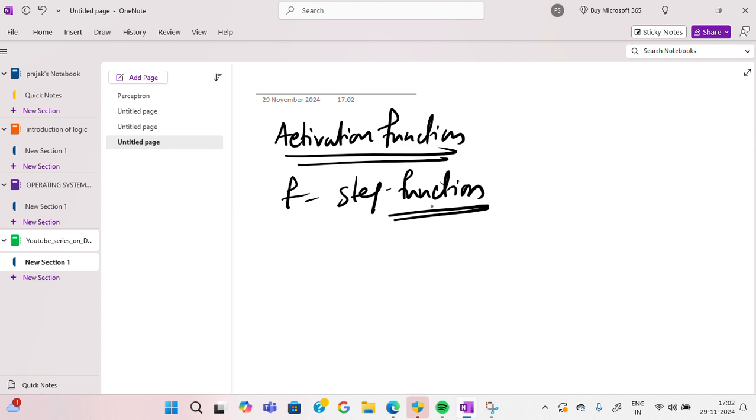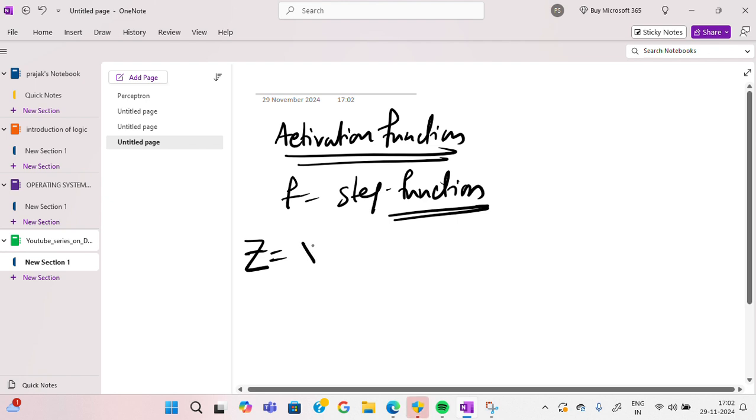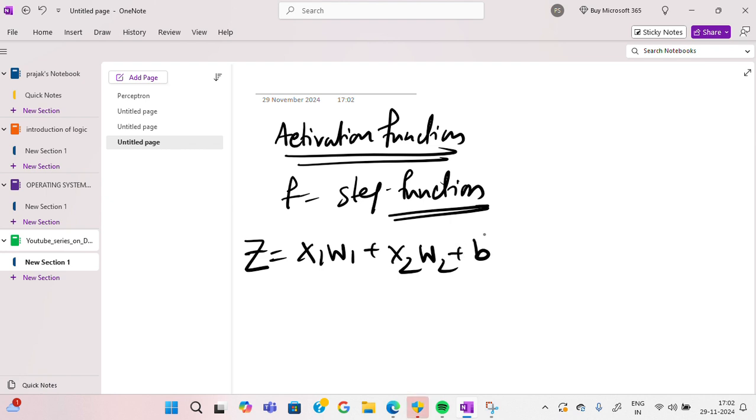If I consider the step function, suppose our z value is x1 w1 plus x2 w2 plus b. Here b is the bias factor. What is the actual meaning of bias? What is the bias variance trade-off? These things were already discussed in the previous lecture series. This bias is added to create our z value.